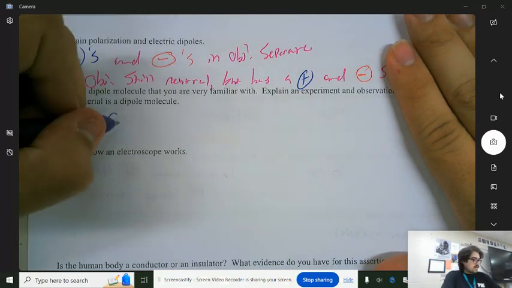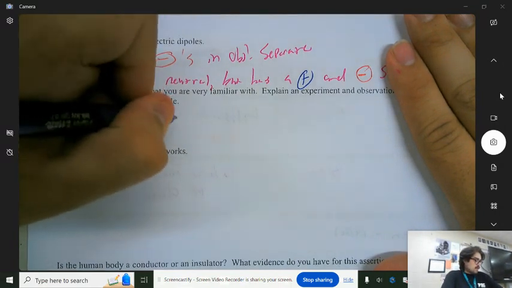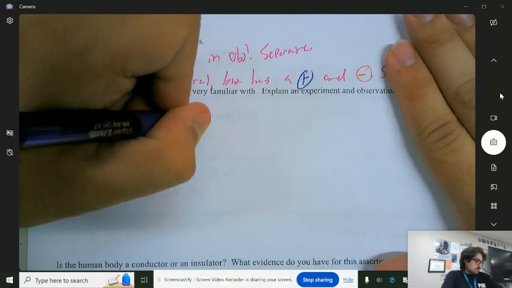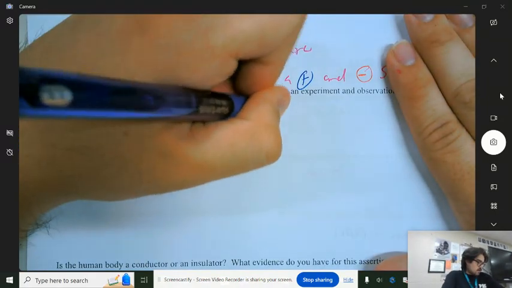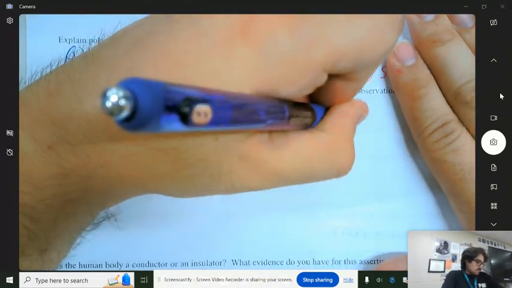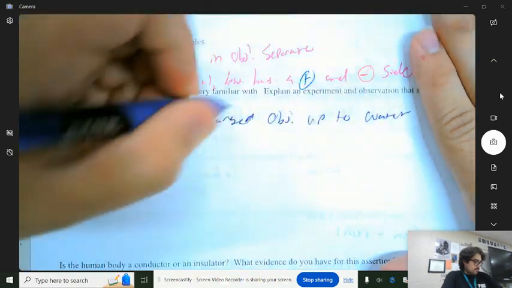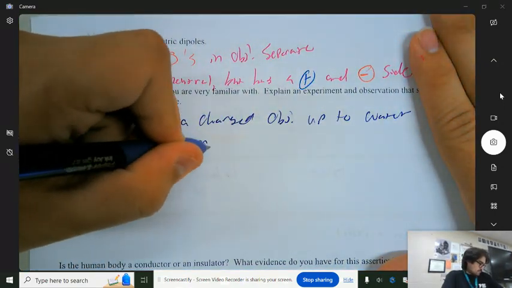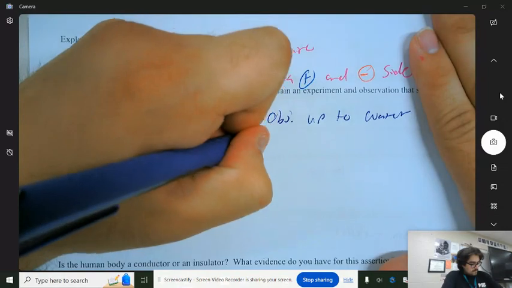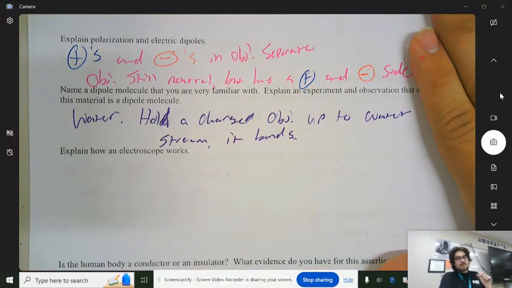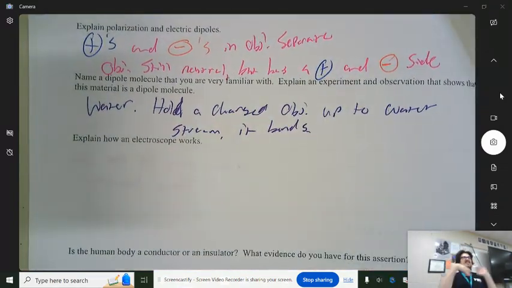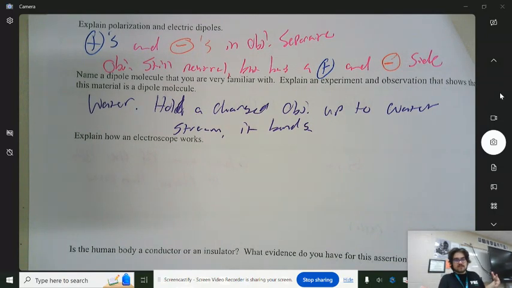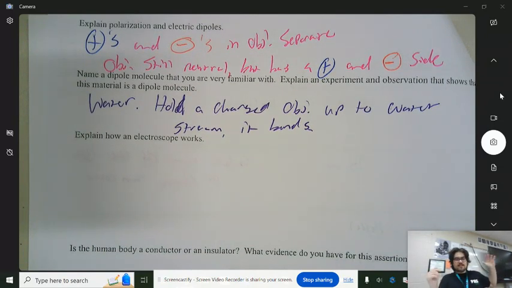You can test this: if you hold a charged object up to a water stream, it bends. I can't show it to you in the video, but you can find videos of it by searching for a water dipole demonstration.